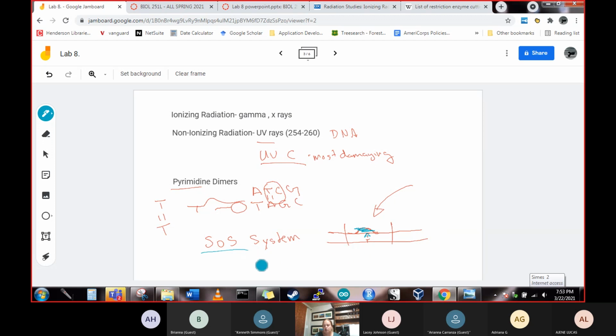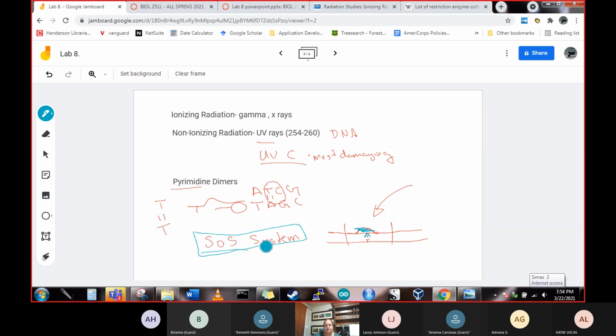Whereas if there's just low level, usually your body can keep up. Some bacteria don't have this system, and so some bacteria are really susceptible to UV decontamination or UV sterilization. But those bacteria that do resist UV might have this system.